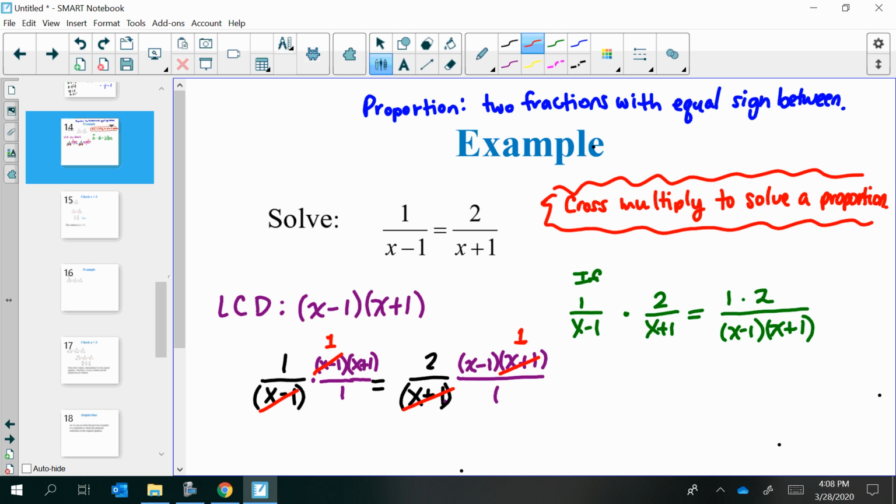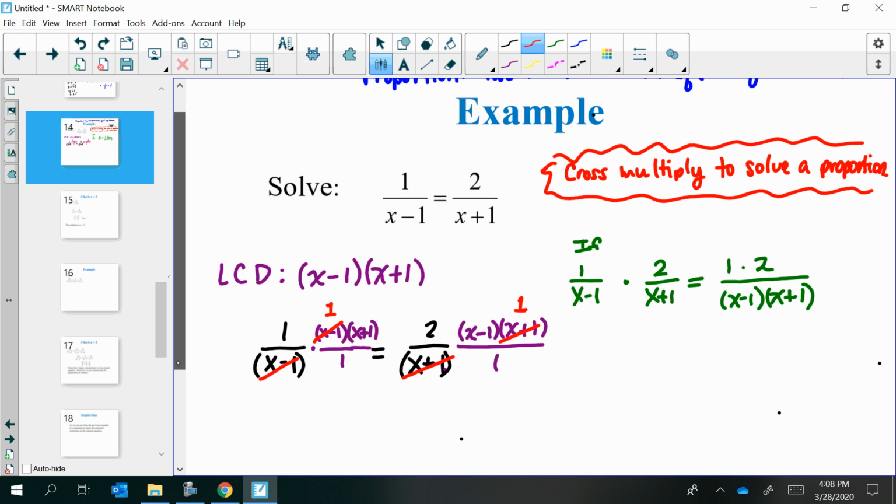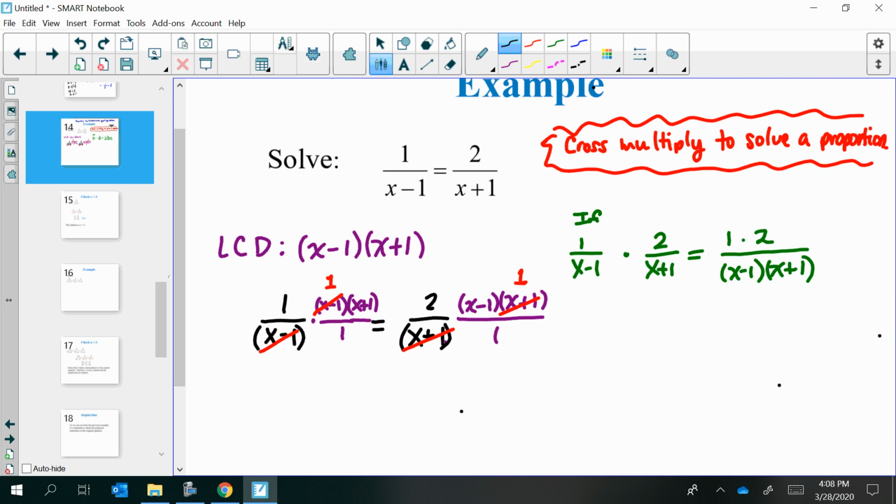So now the new equivalent equation in simplified form without any fractions involved for the first term becomes just x plus 1. And on the right side, we have 2 times quantity x minus 1. So we get this. So notice what would happen if we cross-multiplied.